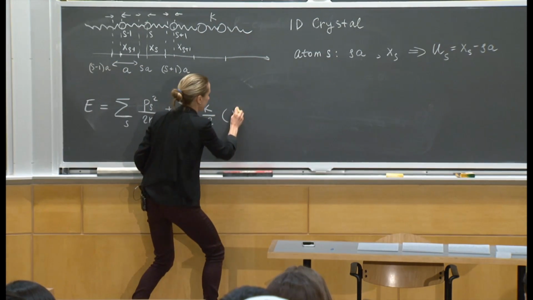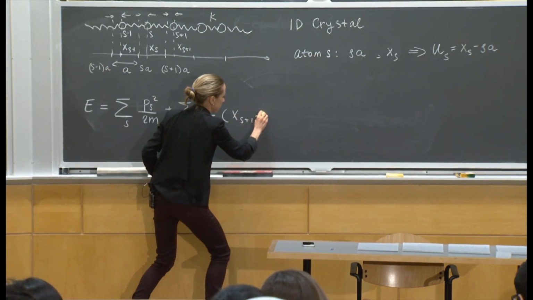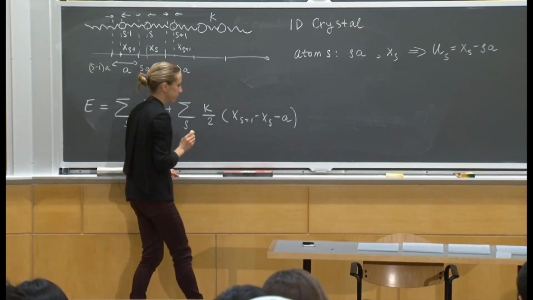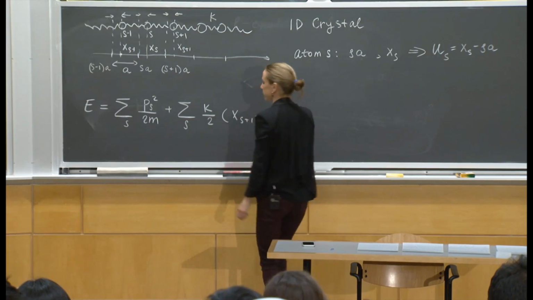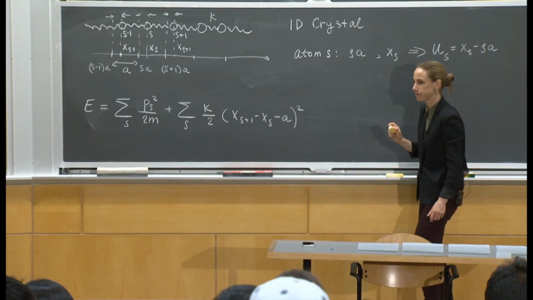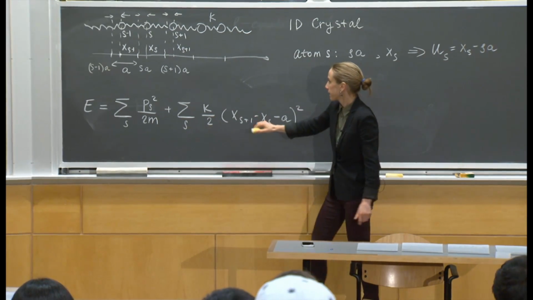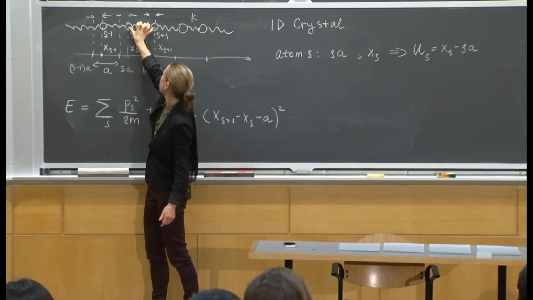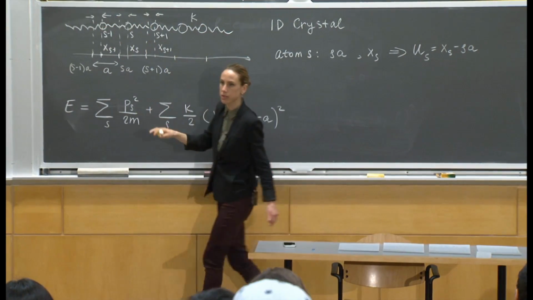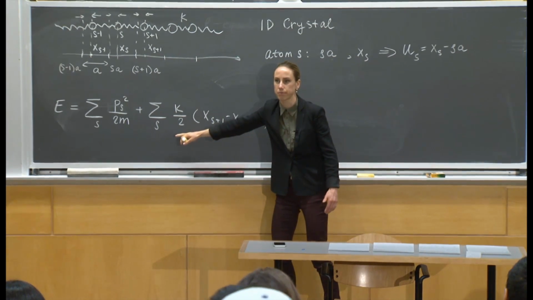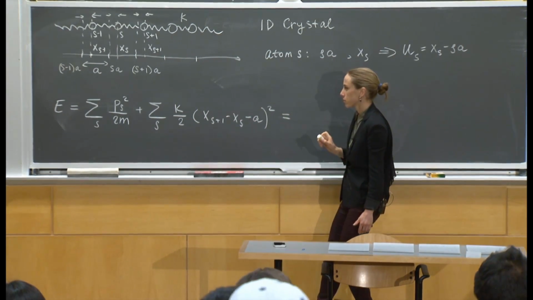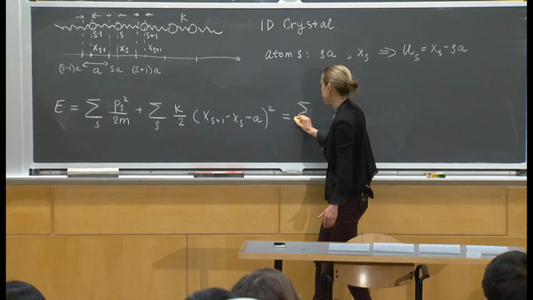So it will be x_{s+1} minus x_s minus a, squared, as you guys tell me. So this will be the energy of either of those bonds. But now we have a sum of them. We can write it in terms of displacements.